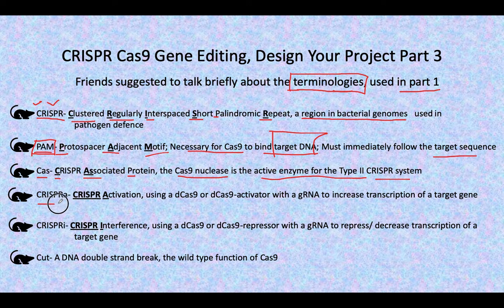Next, what is CRISPR-A? CRISPR-A is CRISPR activation. You have to use dCas9 or a dCas9 activator with sgRNA for what purpose? To increase the transcription of the target gene. We will talk about it in more detail.